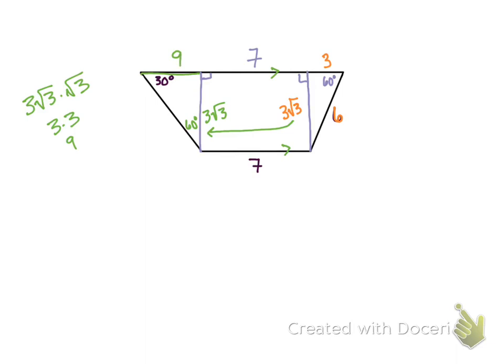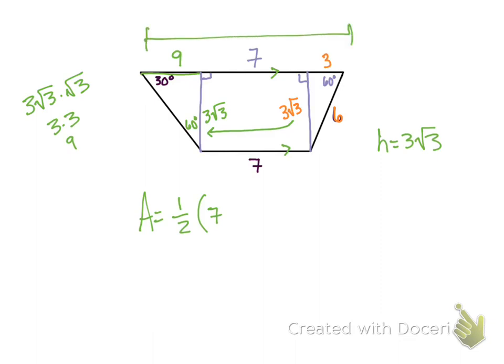So now we have our height, which is 3 square root of 3. And we have our two bases. So let's plug this in our formula. 1/2 times base 1 is 7. Base 2, this whole length right here, is 19. Times our height, which is 3 square root of 3.